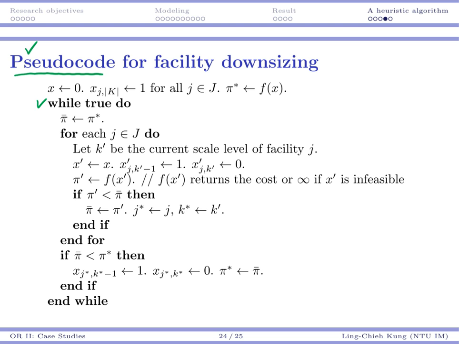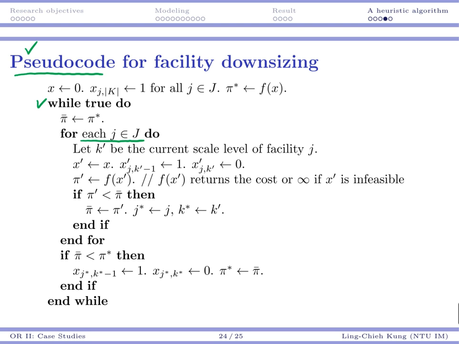So in each iteration, first, let's use pi bar to denote the current objective value, okay, the current total cost. And then for each facility, let's see whether there is any facility whose downsizing is going to make us better than pi bar. So for each downsizing, we're going to evaluate the total cost. So let k prime be the current scale level of facility j. Now this is something you know.